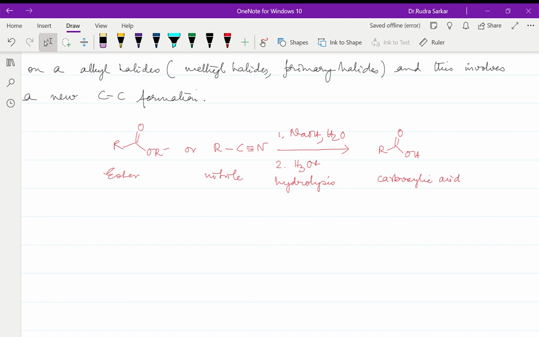Now, as I was saying, the nitriles are prepared via reaction with alkyl halide.